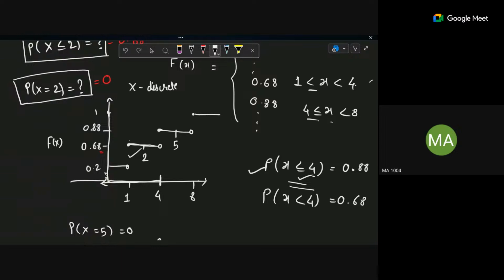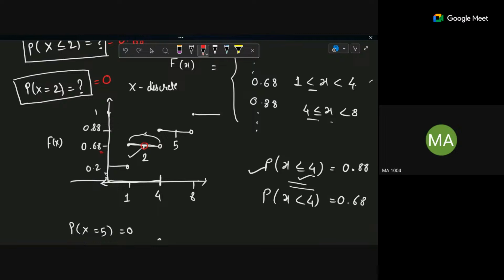There is no jump in the graph in the range 1 to 4, and your 2 is lying in this range only, right? So whenever your graph does not have a jump at a particular point, if you are interested to calculate probability at that particular point, it will be 0 always.